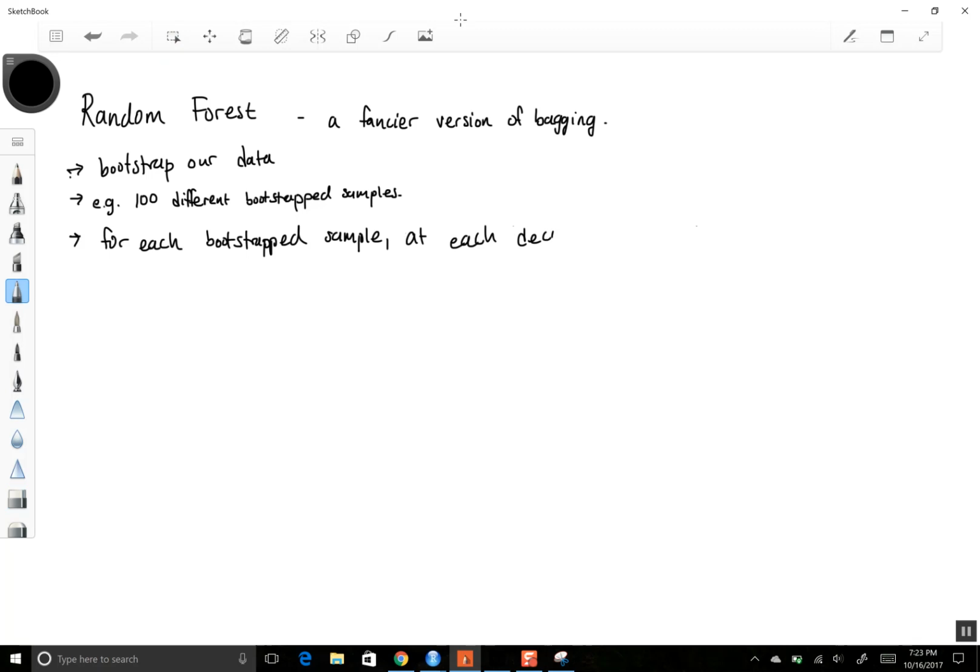Each decision node, we allow the tree to only consider a subset of the possible variables.